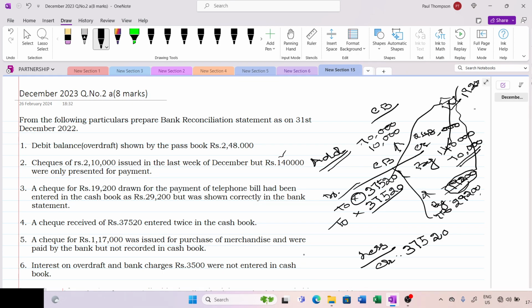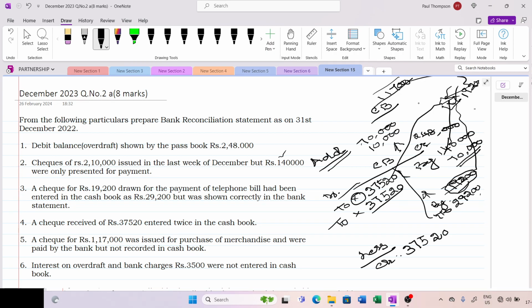Now moving on to the next item, a check of rupees 1,70,000 issued for purchase of merchandise. Again, one check leaf is written for 1,17,000 and sent to the bank for making payment to a vendor from whom I have purchased some material.